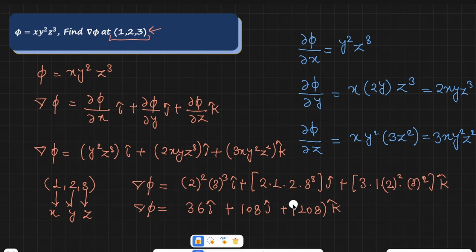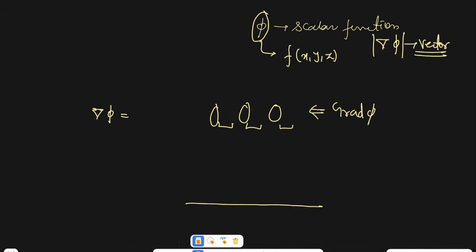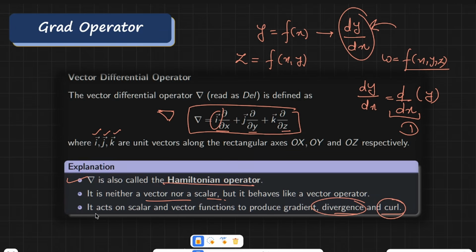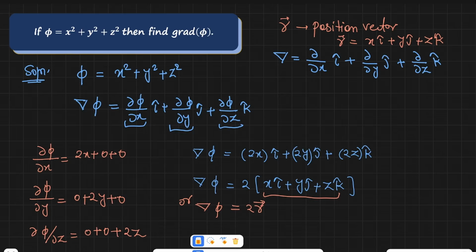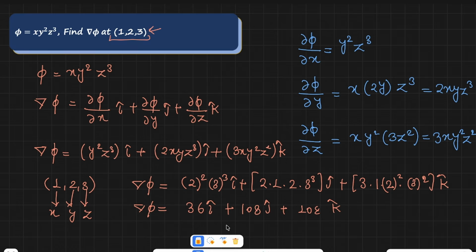As I mentioned, it acts like a scalar and vector function, and when you find its magnitude, it gives you the maximum rate of change. How can we find the magnitude?